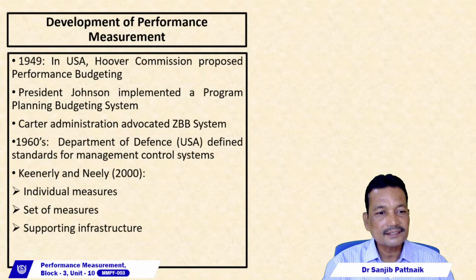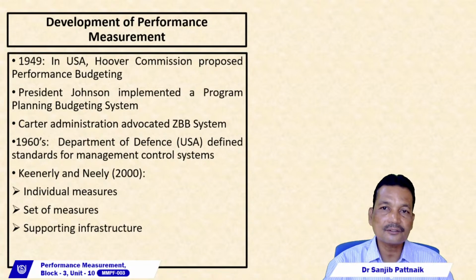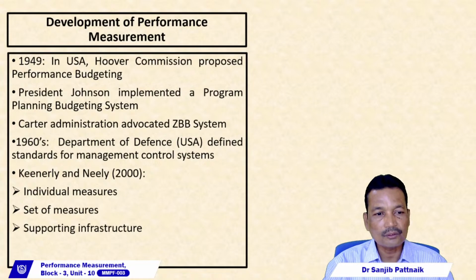Second, they spoke about a set of measures. As we said, a number of activities combine to form the strategy of the organization or to make the organization go towards its goal. Various activities may have different kinds of measures for themselves.